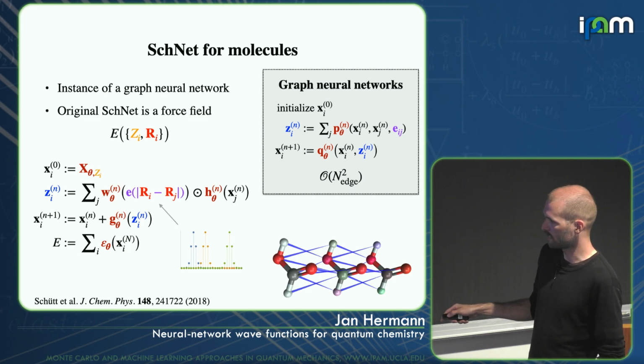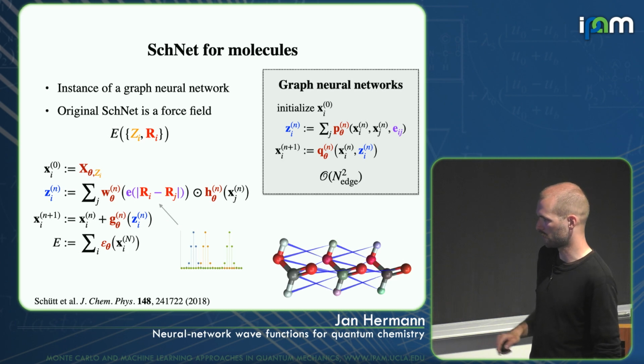And so SNET is a particular version of a graph neural network that was initially designed to represent a force field. And so you initialize each node that represents an atom in a molecule with some random vector. Then you form these convolutions from these hidden vectors that are parametrized by just the distances between atoms that are expanded in some basis.